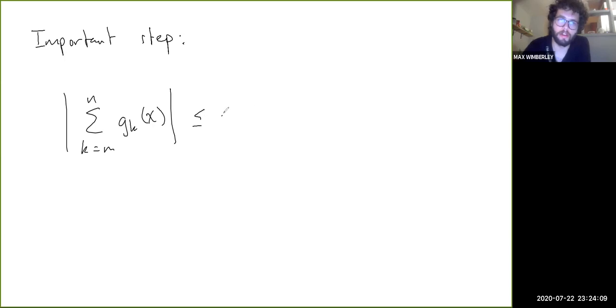The thing we're going to bound it above by is, first, we're going to use the triangle inequality, which we love, right? And then this is going to be less than or equal to the sum from k equals m to n of M_k.